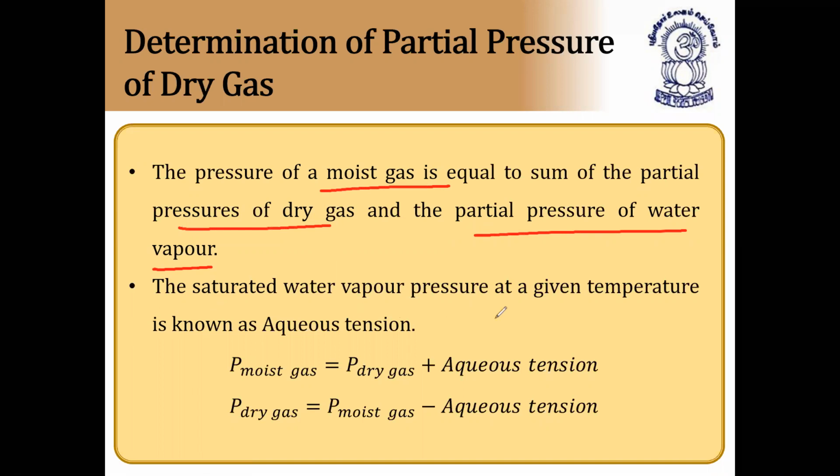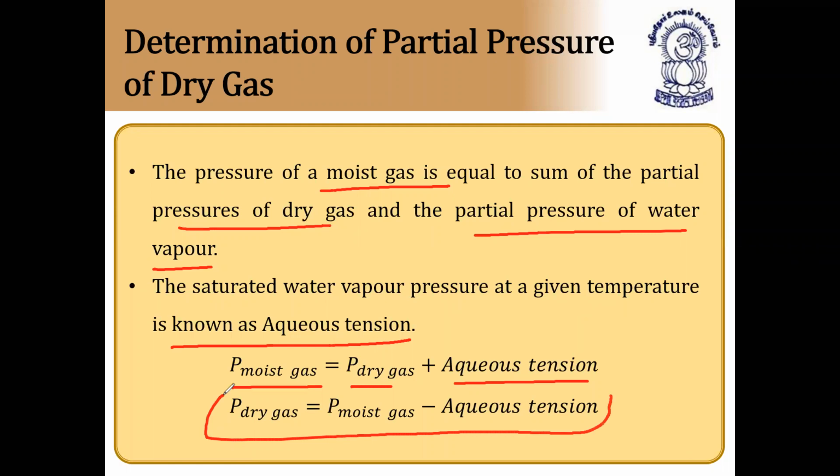The saturated water vapor pressure at a given temperature is known as aqueous tension. So the pressure exerted by water is called aqueous tension. So the pressure of moist gas is equal to the pressure of dry gas plus aqueous tension. Or you can say, to find the pressure of dry gas: pressure of dry gas is equal to pressure of moist gas minus aqueous tension.